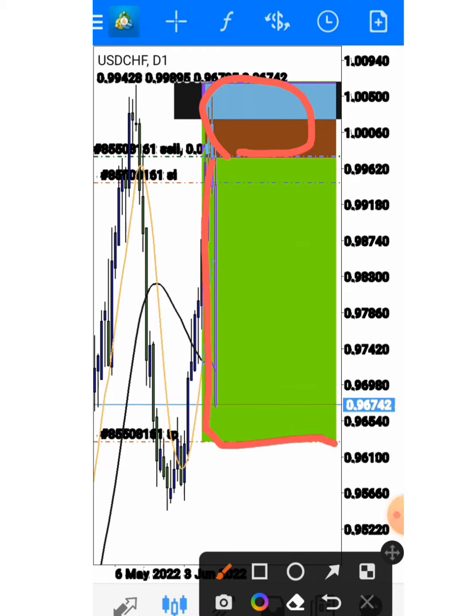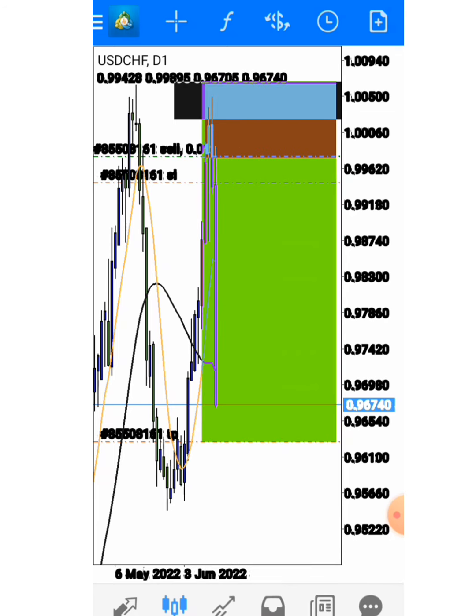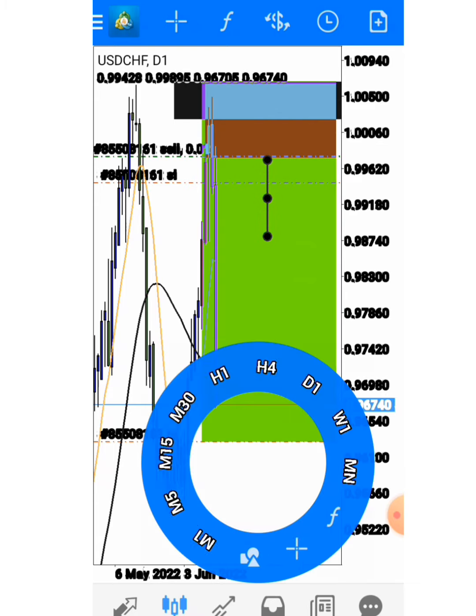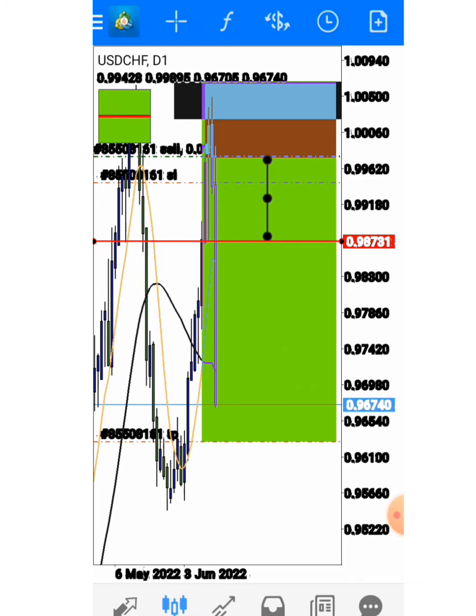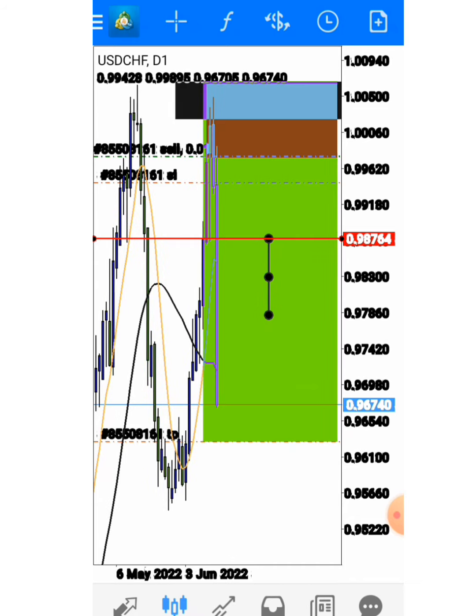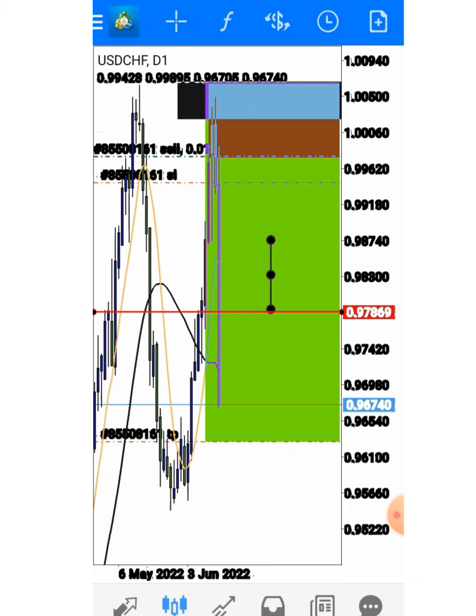So let's use this trend line and measure from here to here, which is my risk. 1, 2, 3.